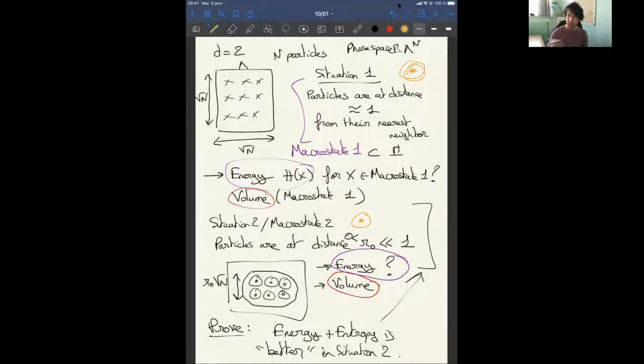Then compute in both cases the typical energy, and then compute the volume, and observe that one situation was preferable for energy, one situation was preferable for volume, but if you take into account the sum of both, there's one situation that wins, and in that case, it's the closely packed situation.